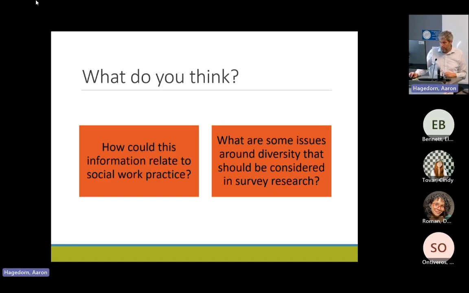And now when we think about issues around diversity, it should be considered in survey research. This is the issue that culture can play a role in interpreting some results, but also the base data that we have to make decisions on is not always based on the culture that we're studying.